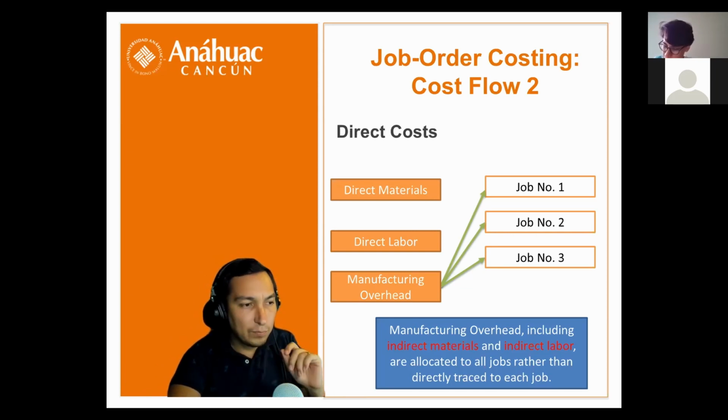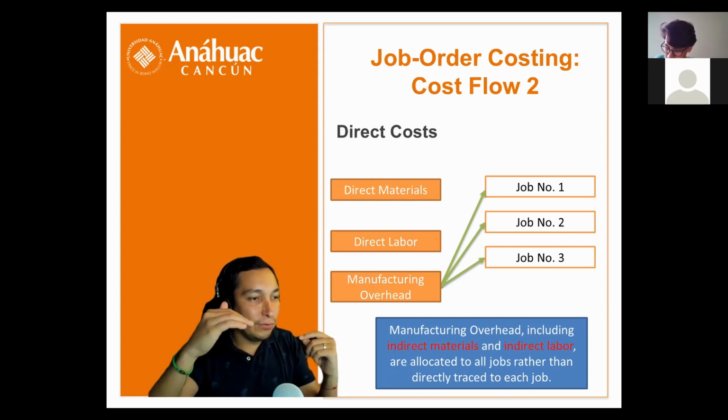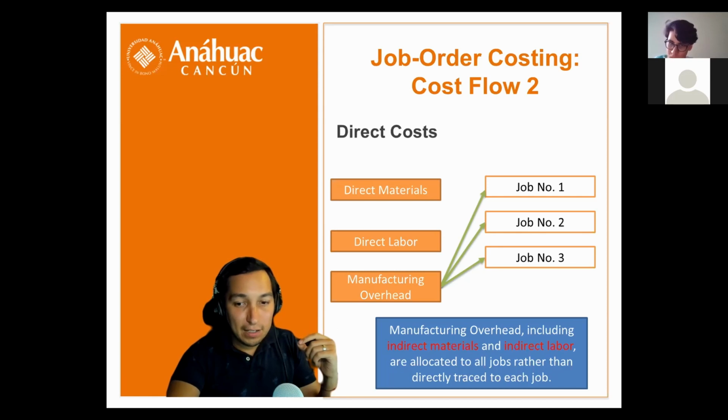But just get the definition right now on what you need to do to each job, because we have our indirect costs. Remember the MO. Everything that is indirect is going to be dumped in the MO bucket, and we're going to accumulate all of those indirect materials, indirect labor, and all of those other indirect costs.